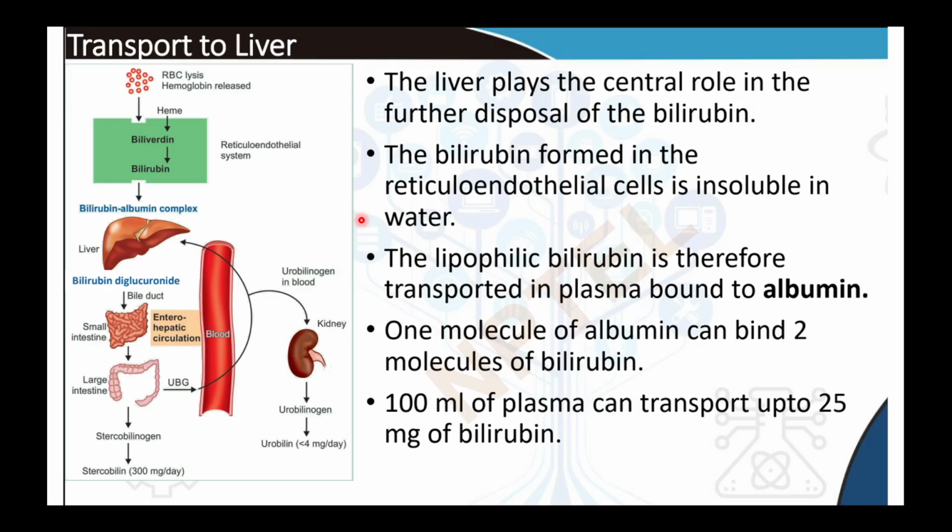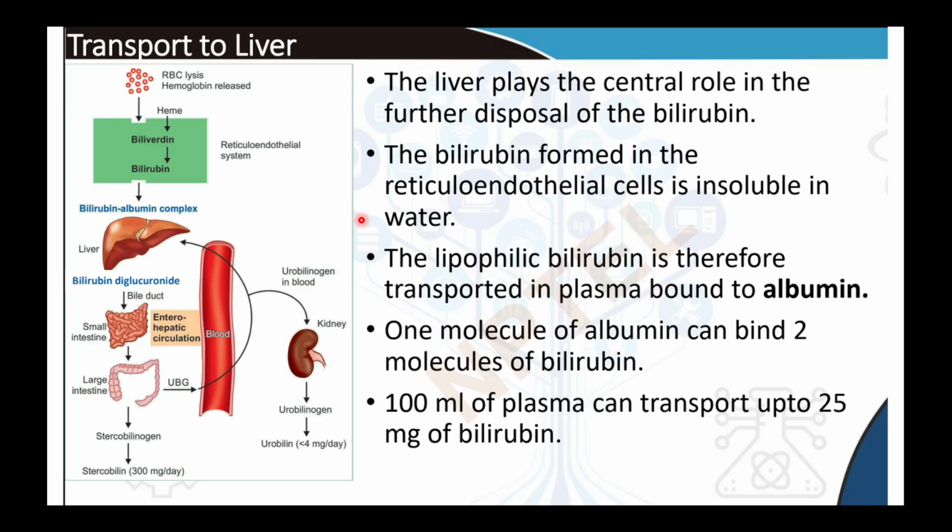Bilirubin formed is insoluble in water, I told you, and this lipophilic bilirubin is therefore transported in plasma bound to albumin. Albumin is another protein to which this bilirubin is bound, and it is a serum protein, called serum albumin. You might have heard about bovine serum albumin (BSA) for protein estimation if you have read about it.